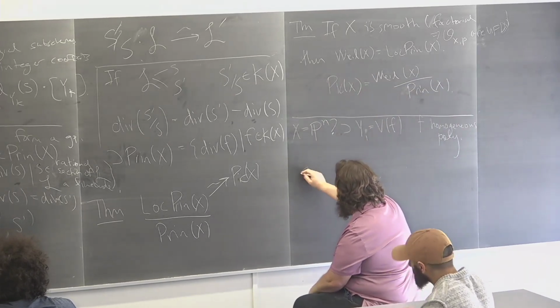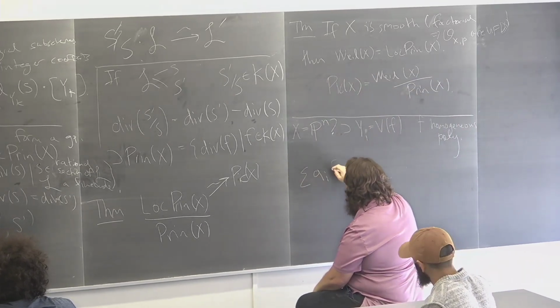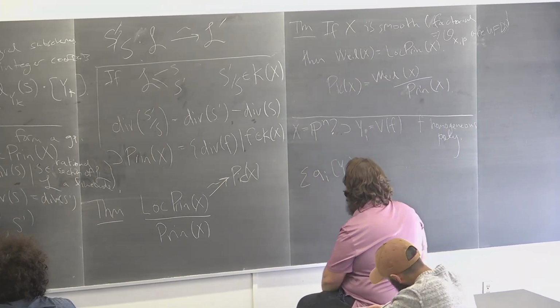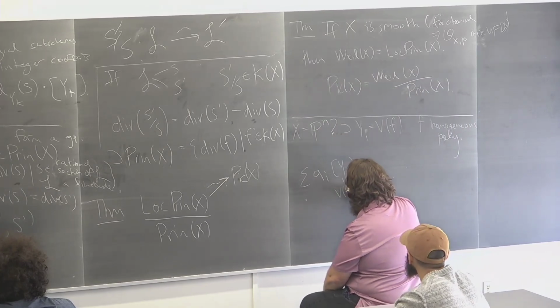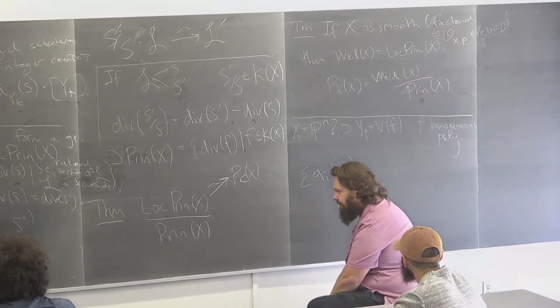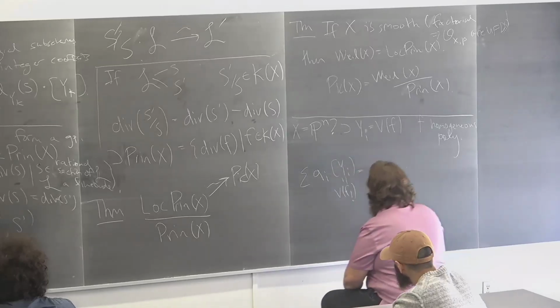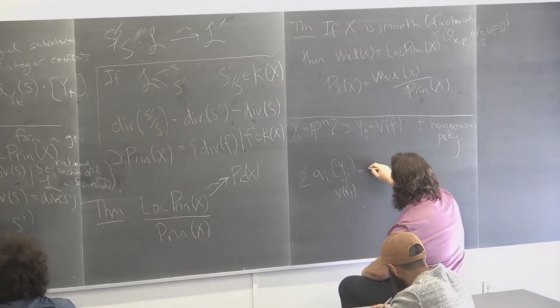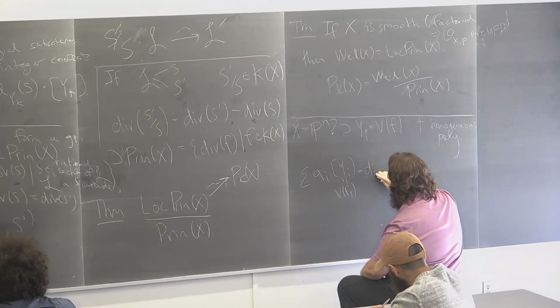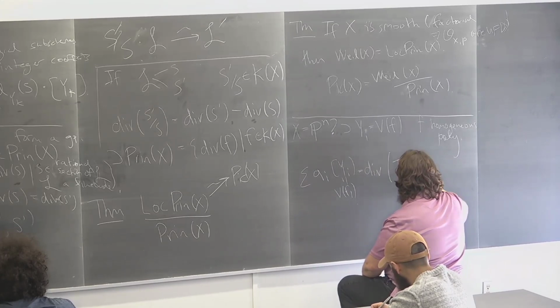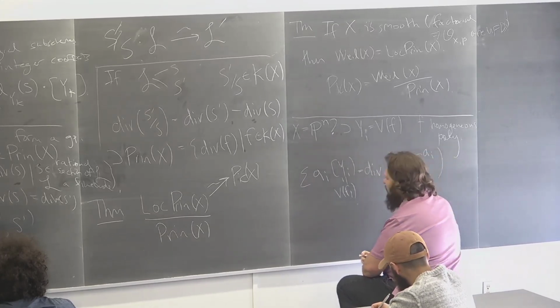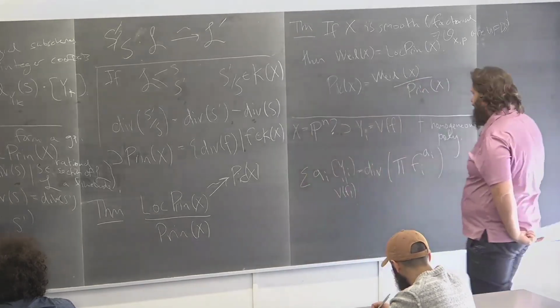If I have some Weil divisor, some sum of a_i Y_i, then I can write these Y_i's as V of f_i. And then this is going to be the divisor of the product of the f_i's raised to the a_i's.